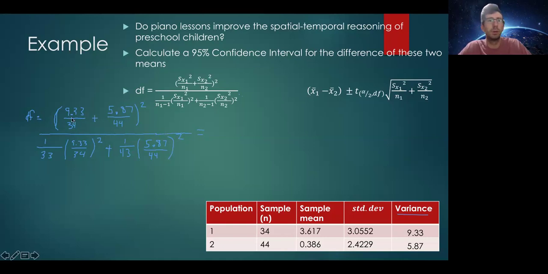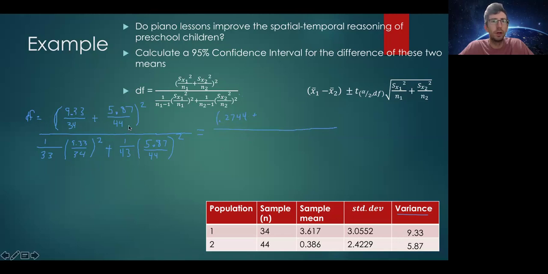So let's take 9.33 and divide it by 34. 9.33 divided by 34 is equal to 0.2744. Okay. Let's plug it in.